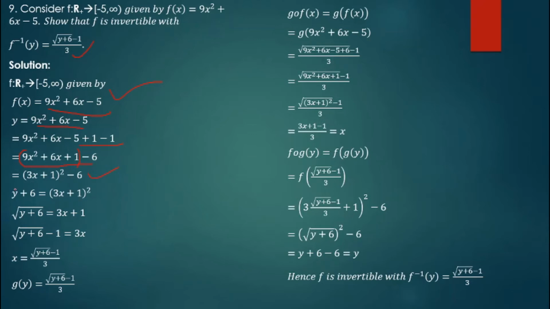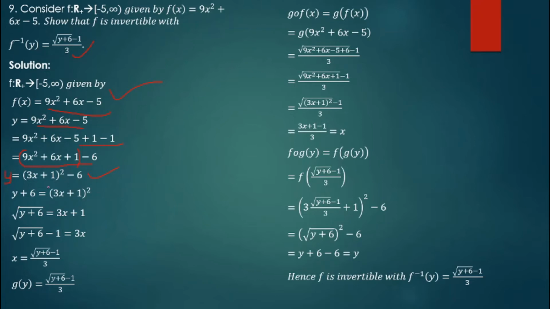Okay, next, we know that this was equal to y. So minus 6 when it goes to the LHS becomes plus 6, equal to 3x plus 1 the whole square.